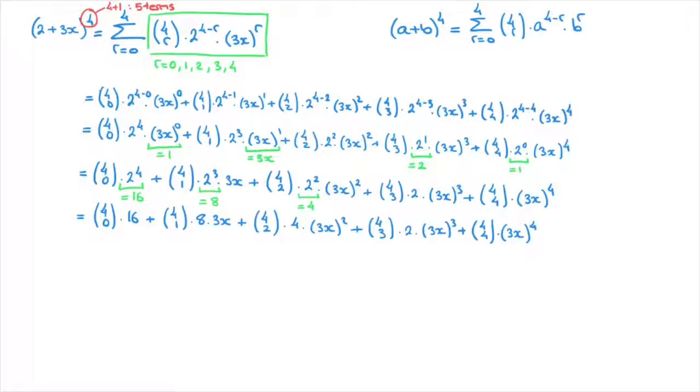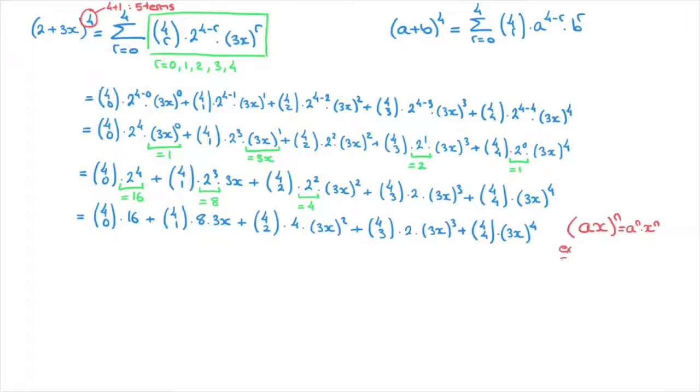Okay, the next thing we'll take care of are all these powers of 3x. We have 3x squared, 3x cubed, and 3x raised to the power of 4. And to do that, we need to keep in mind an important rule. Remember, if we have a times x raised to the power of n, then that power distributes across those parentheses so that it equals a to the power of n times x to the power of n.